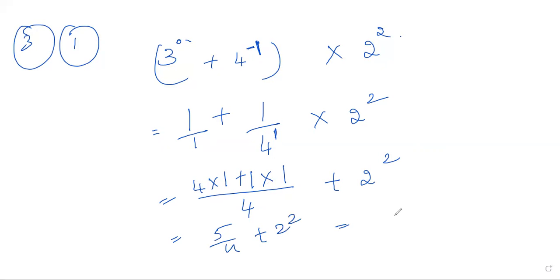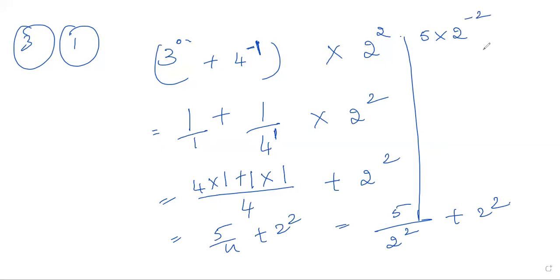Into 2 square. That is equal to, right, 5 by, how can you write 4? Can we write it as 2 square? So how can we write this? 5 into 2 to the power of minus 2.